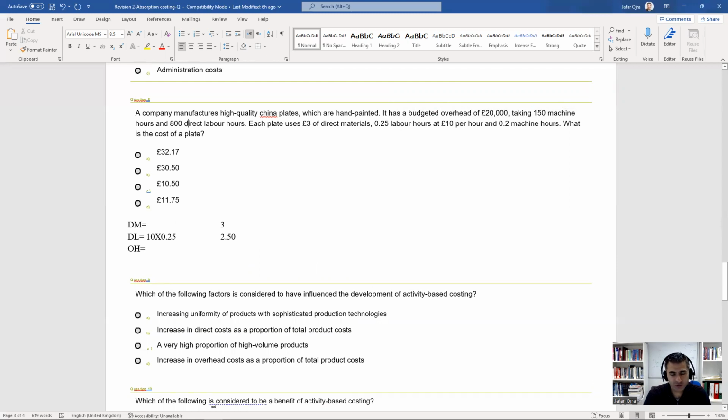Which one are you going to pick? You're going to pick the highest, so the 800 direct labor hours. So we are going to absorb the overhead using the labor hours.